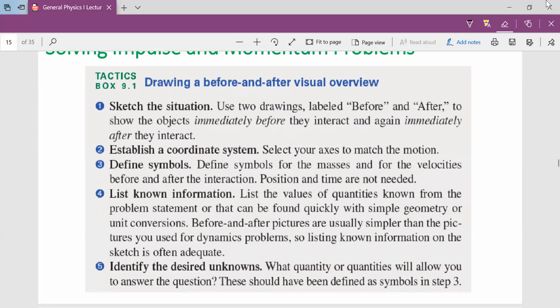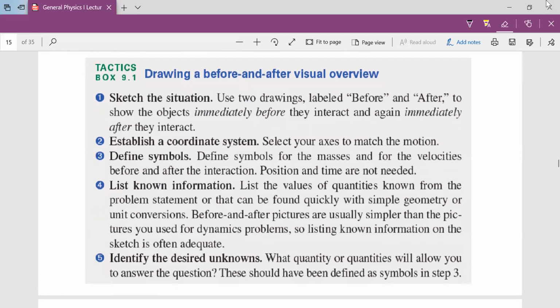Then we move on to establish a coordinate system. And how do we do that? When we describe the before and after, we'll be able to say, okay, is this thing moving in the x plane or y plane? We define the direction. Is the direction positive or negative? Because sometimes the question will not specify, and sometimes you have to make an assumption.